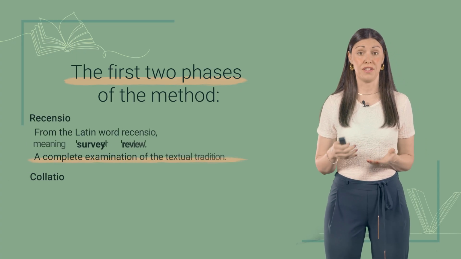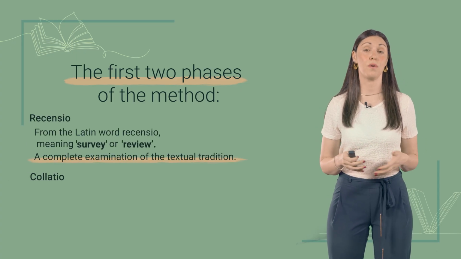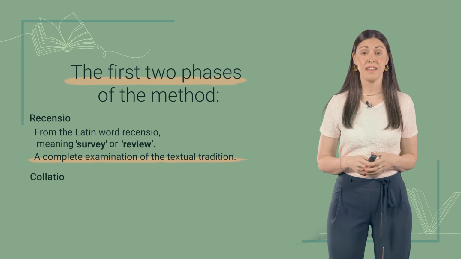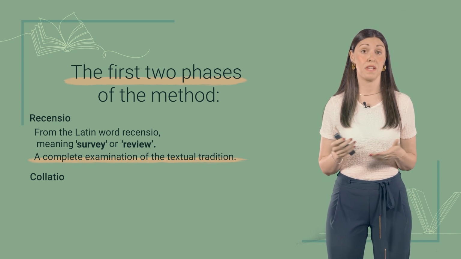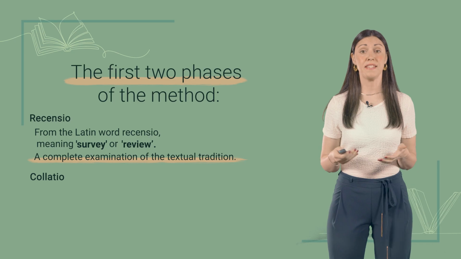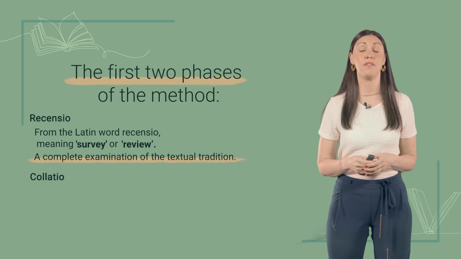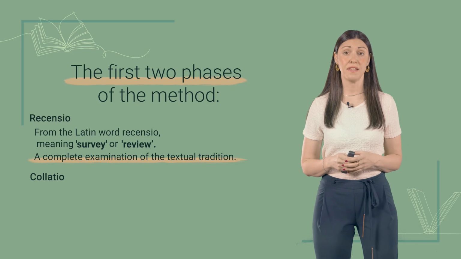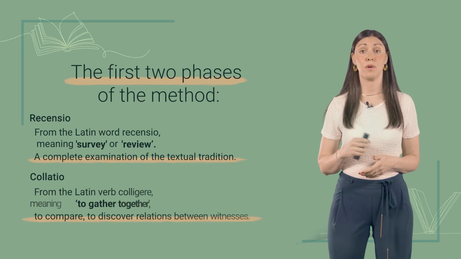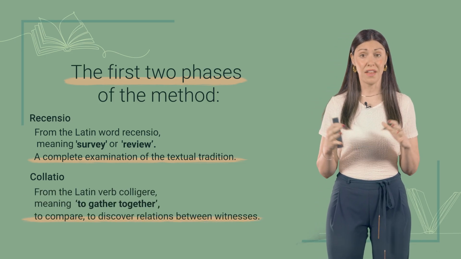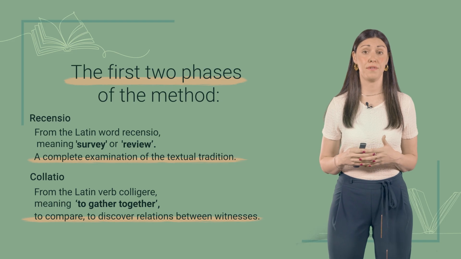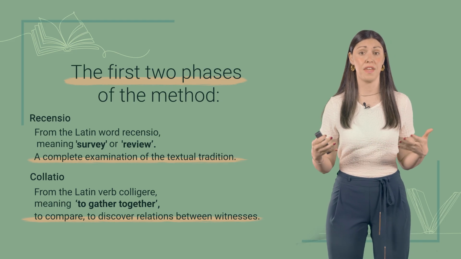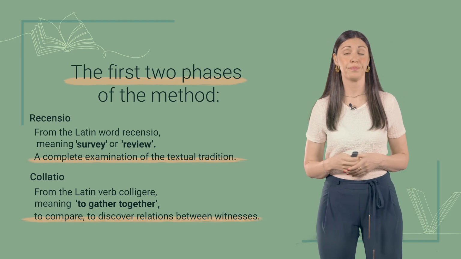The Latin word recensio means survey or review, and that is precisely what this phase involves in philology: a complete and analytical examination of the textual tradition. On the other hand, collatio comes from the Latin verb colligere, meaning to gather together, and generally refers to comparison or bringing things into relation.